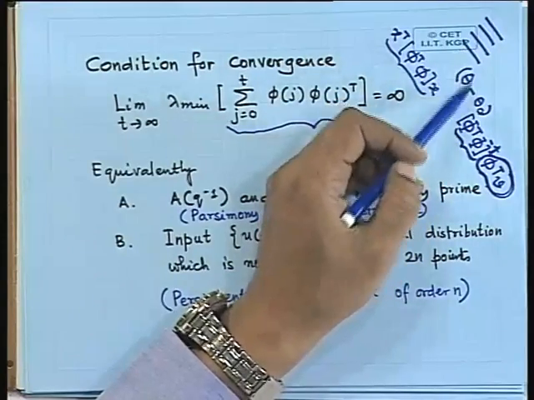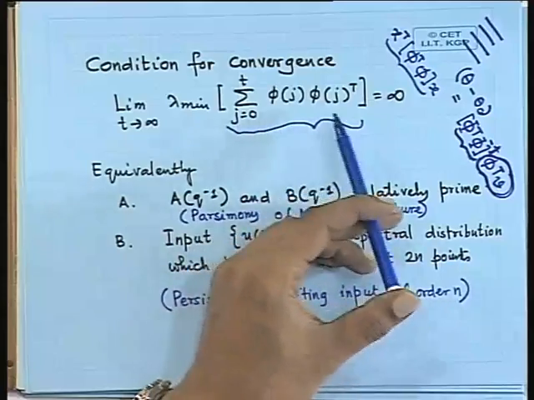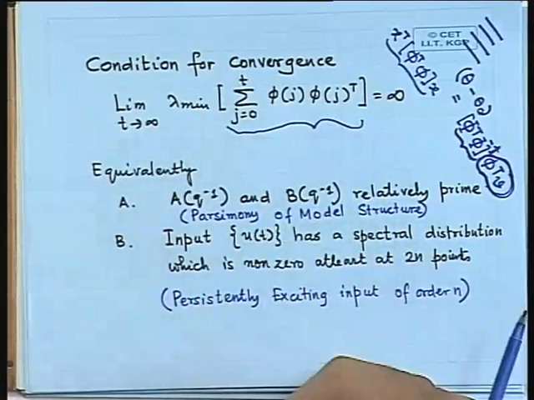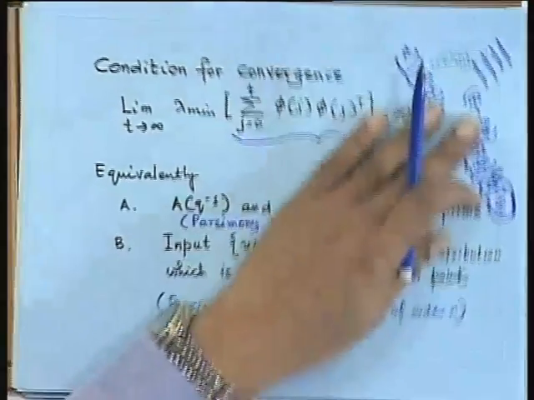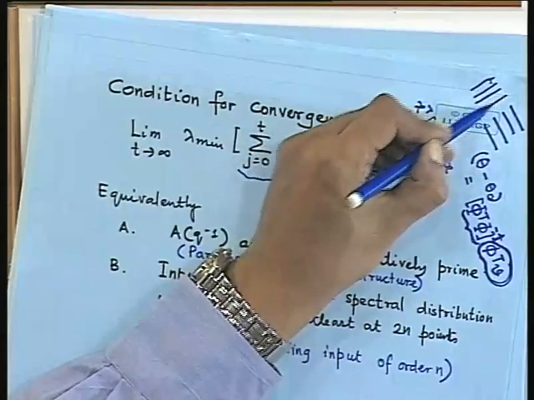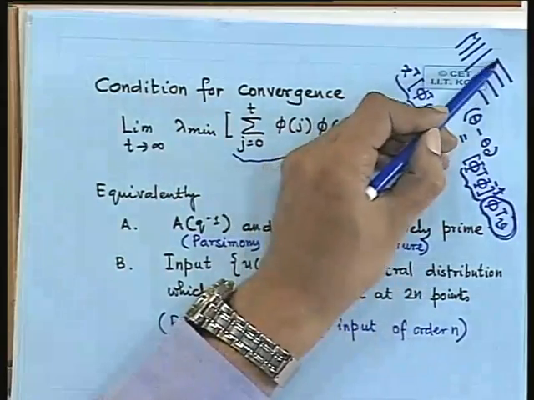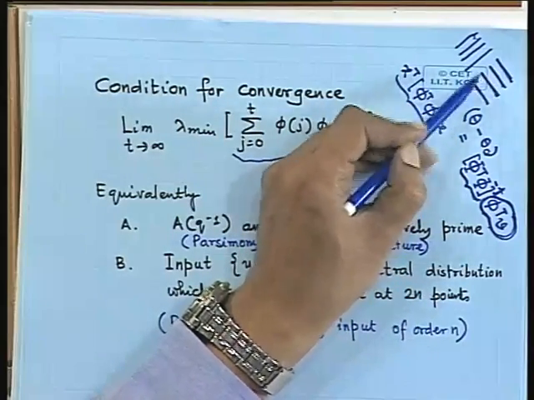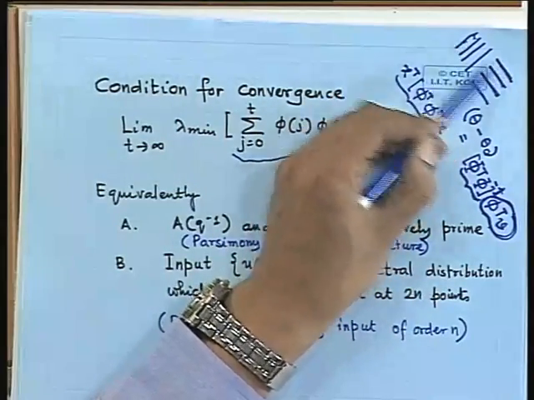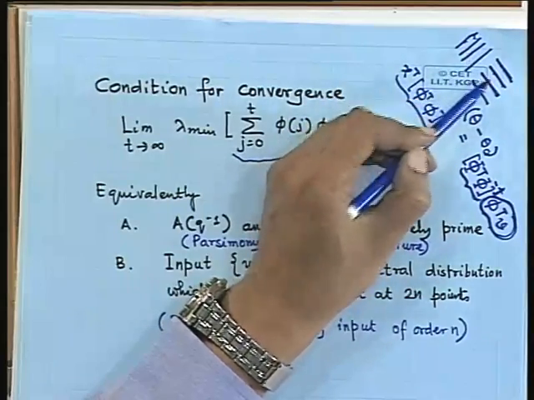So when you take phi transpose phi, you get this sum basically, because this is your capital phi transpose and this is your phi. Each one of them are small phi transposes: phi 1 transpose, phi 2 transpose, phi 3 transpose, and so on.